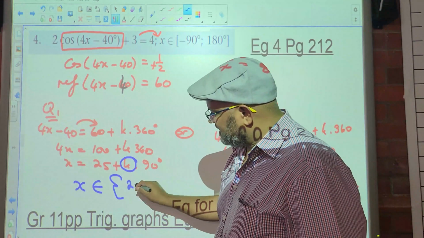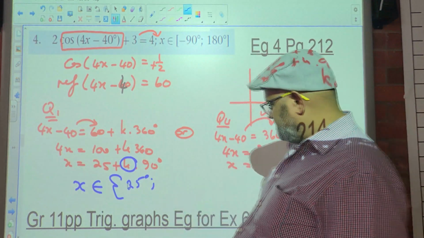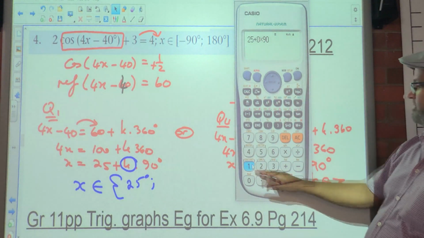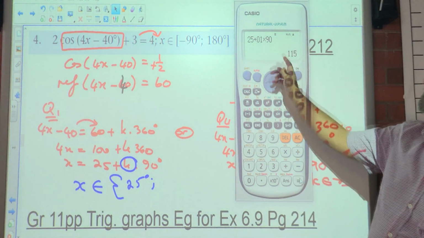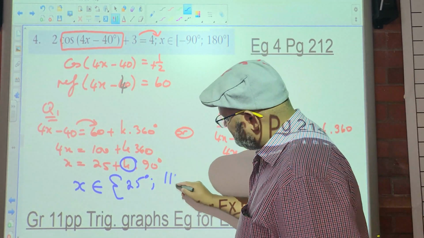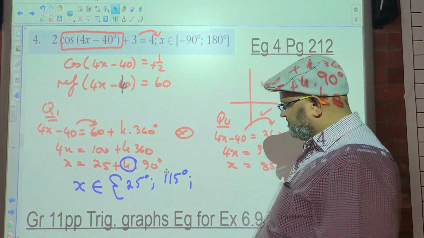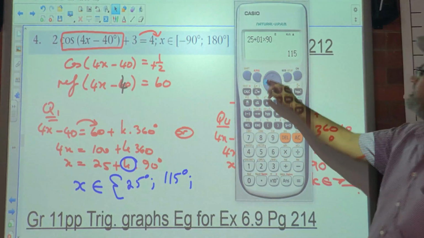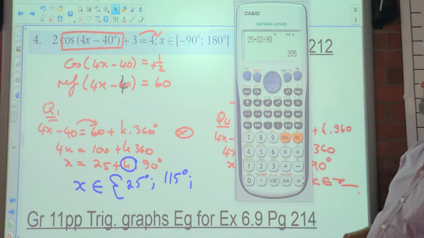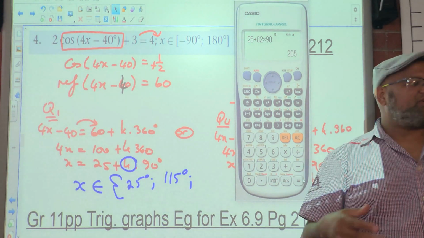So 25 is my first solution. Then I substitute 1 into k. This gives you 115. Is 115 inside or outside? Inside. So it's 115. If it was outside, I would never have written it. If I put 2 in there, it will definitely be outside. So if 2 doesn't work, neither would 3 and so on.